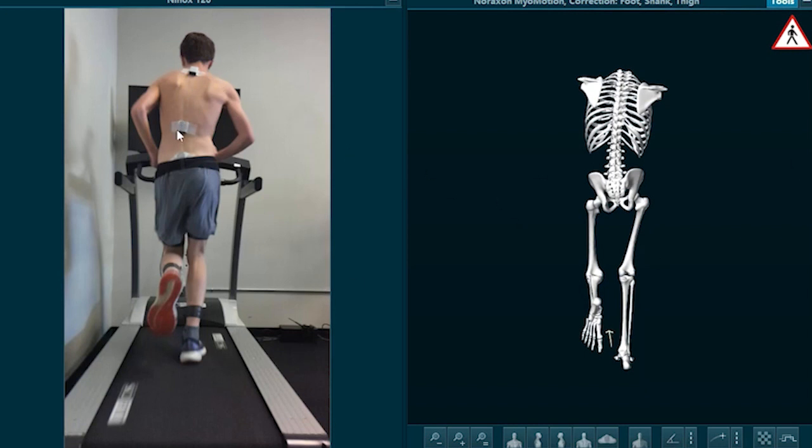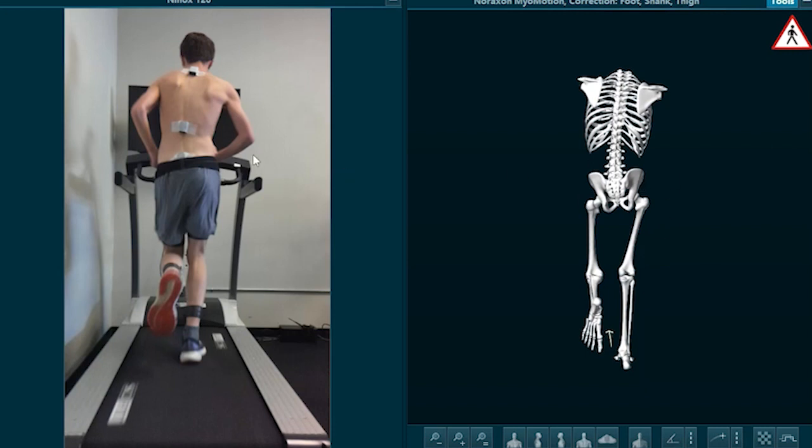So you see that the side bend of the trunk here is off to the right-hand side, and you can see it here in the skeleton avatar that the trunk is shifted right compared to the pelvis. You also see that the pelvis, this structure here, is tilted down and to the left. As you see here, the right side is higher than the left side.